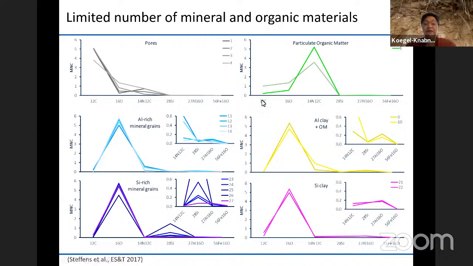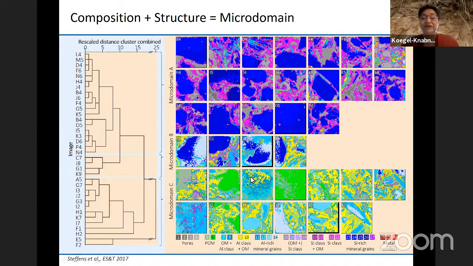When we then look at all these 42 images, we were really not expecting this, but we don't see just a heterogeneous distribution, but we see two different types of what we call microdomains within this one aggregate that are clearly different in their composition.